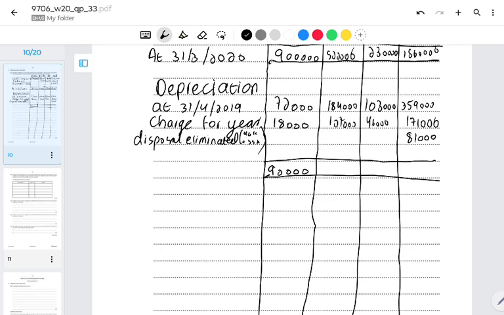That is 245,000. 103,000 plus 46,000. This 149,000. 245,000. 484,000.